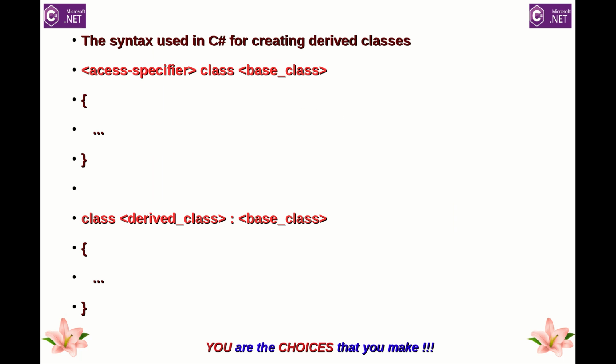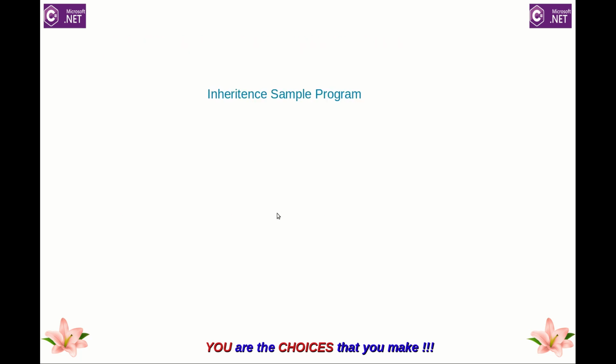The format of defining a subclass we have seen: access modifier, the class keyword, and the base class name to be specified. When you want to define a derived class, use the class keyword, derived class name, and the base class name. This is the format of declaring a subclass or a derived class.